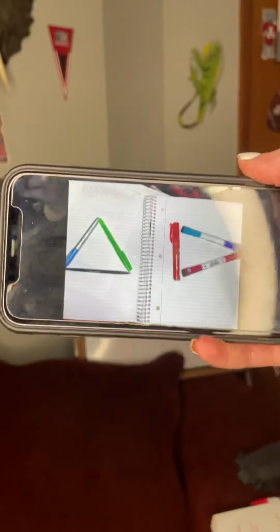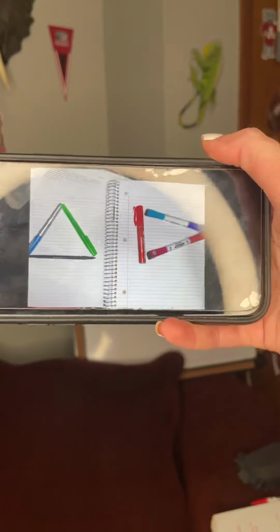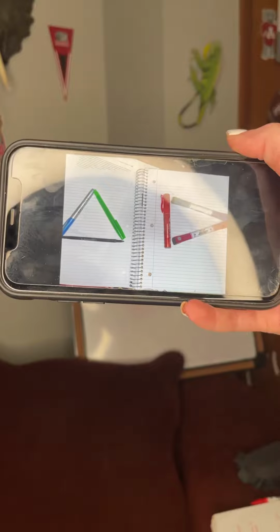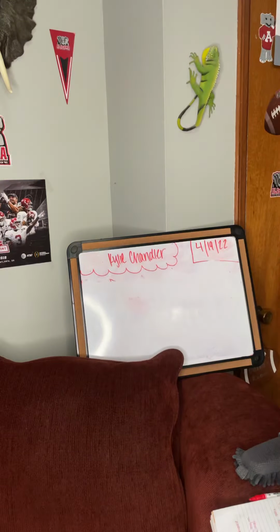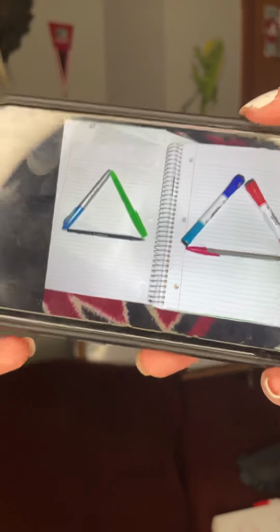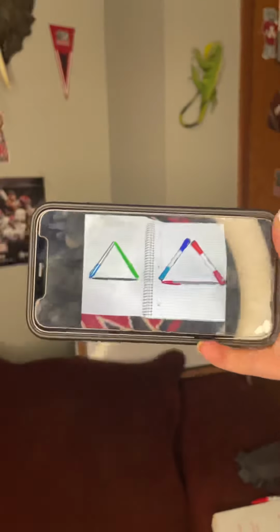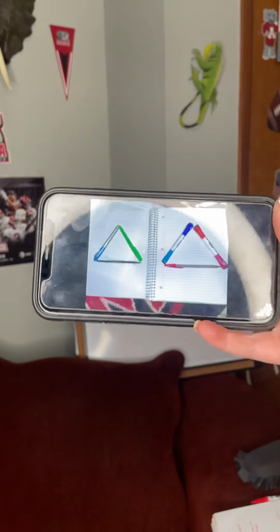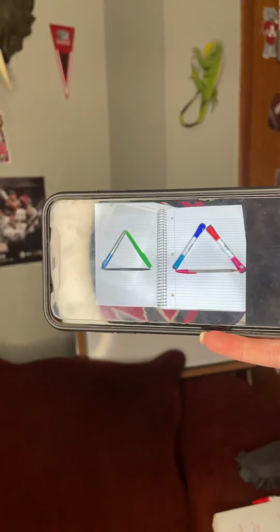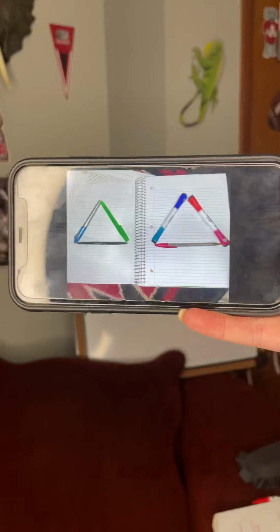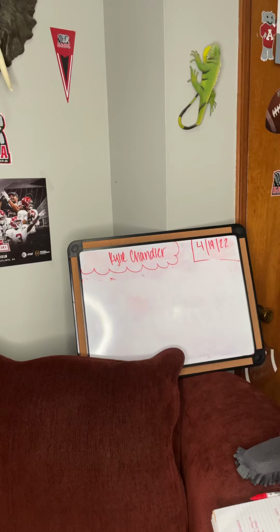Ignore the dusty screen, but this example would not be congruent because they do not have the same size sides, or they don't have the same shape. I couldn't find anything exact. So for the second one, we're going to pretend they're all the same type of pen and they're in the same shape, and one's kind of further back. It doesn't really look like it's the same size, but I promise it is. So this one would be two congruent triangles.